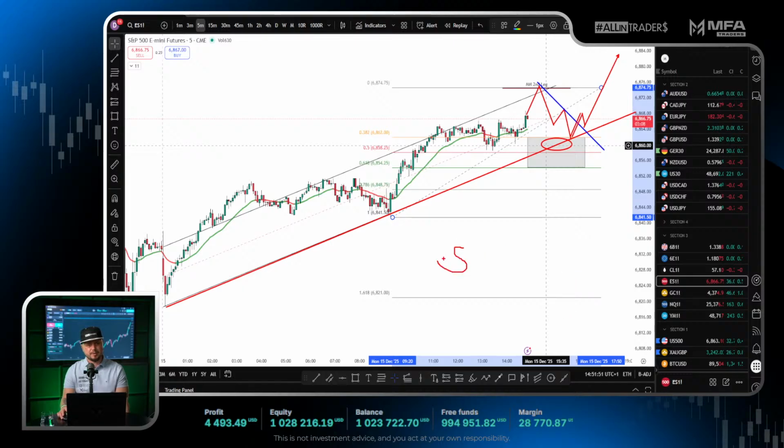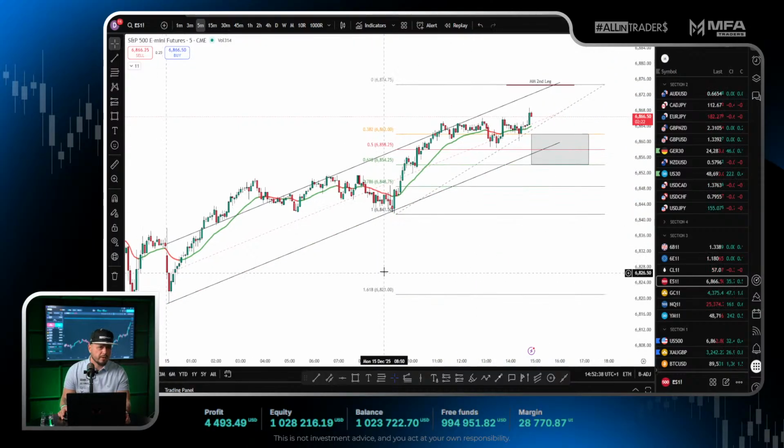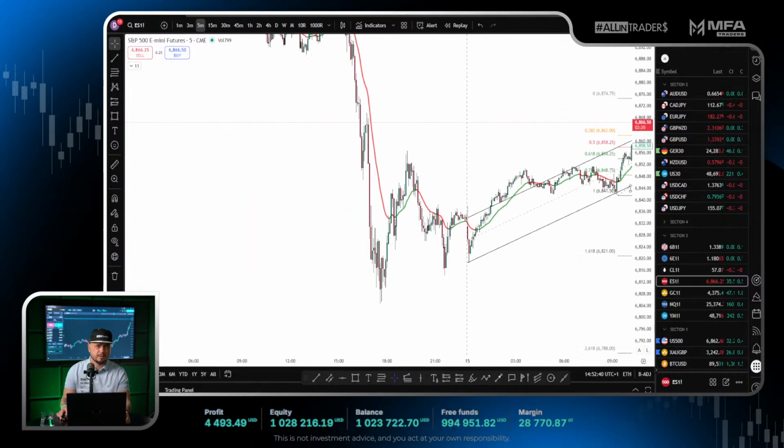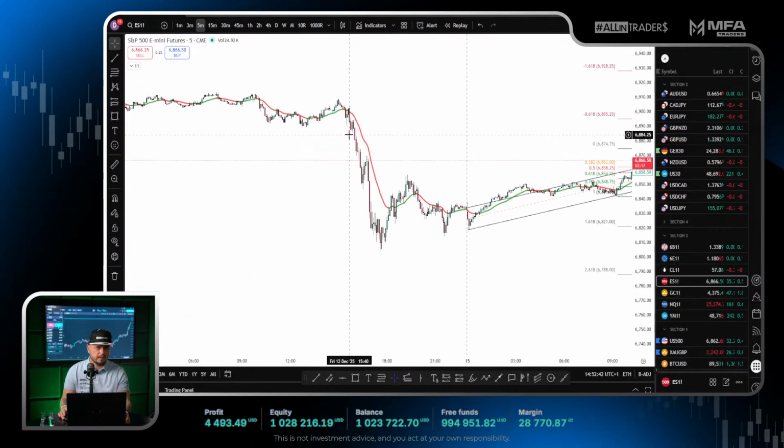But S&P 500 is a bit tricky because in about 40 minutes time, stock market is opening and there might be quite strong moves. Let's see the previous day. Look, after stock market opening, drop.